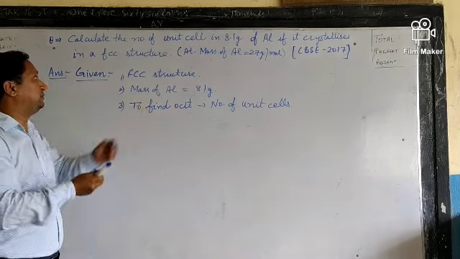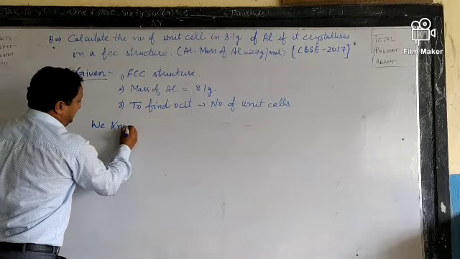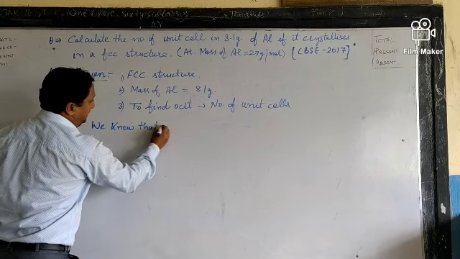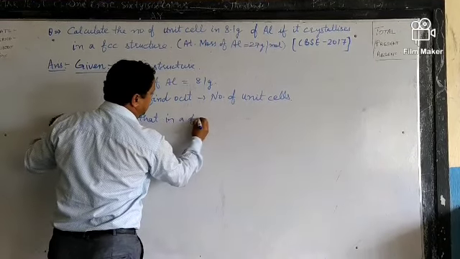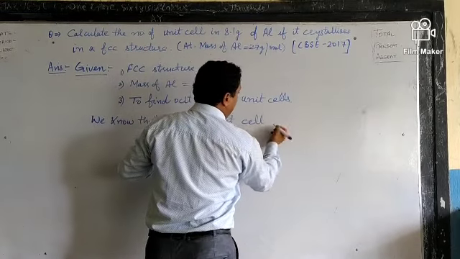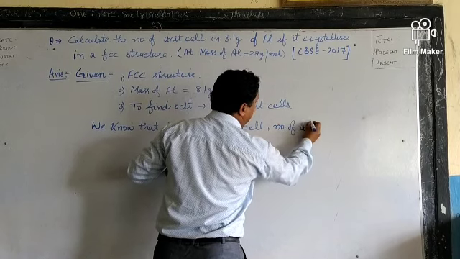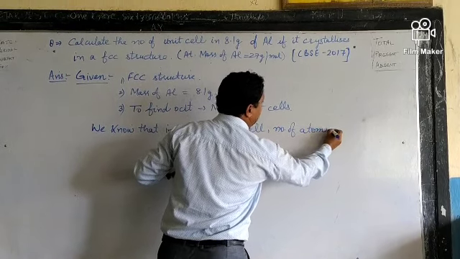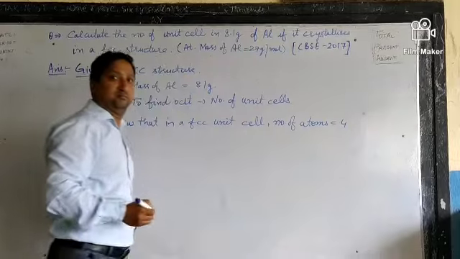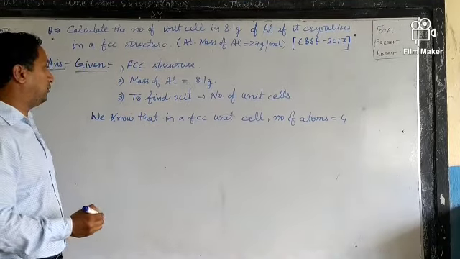How does the relationship develop? We know that in a FCC unit cell, number of atoms is equal to 4. We already have done it, and it is equal to 4.